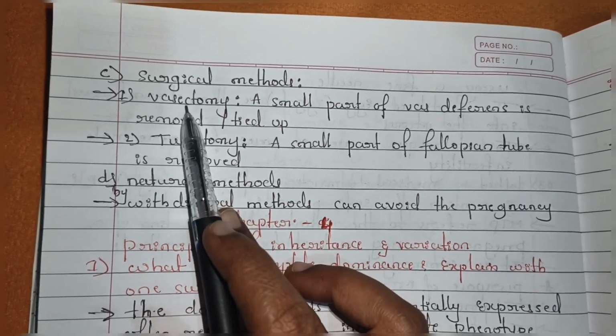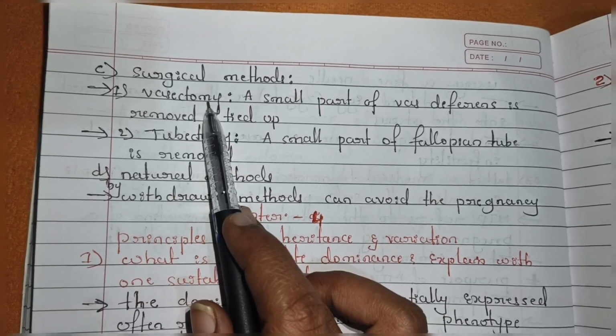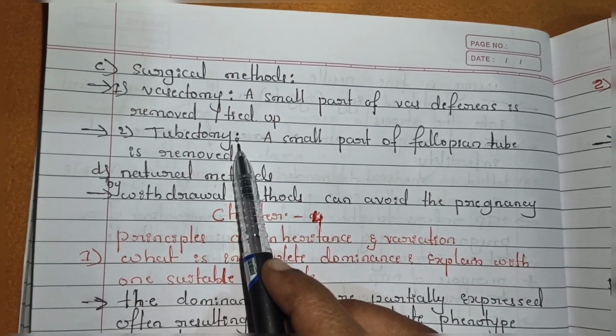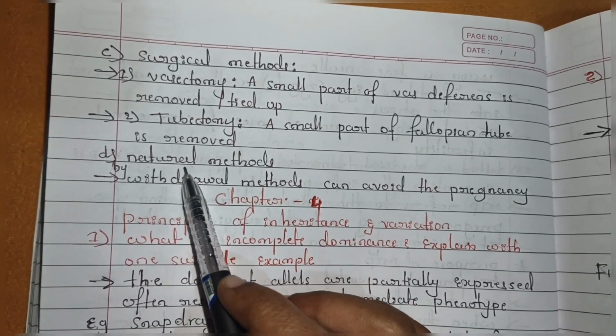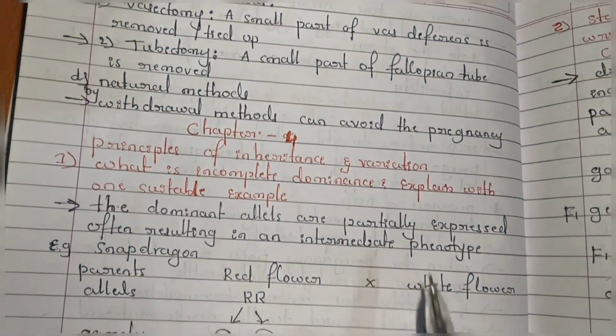First is vasectomy, second is tubectomy. Vasectomy means removal of the vas deferens. Tubectomy means the surgery takes place at the fallopian tube. Some natural methods can also be followed for contraceptive purposes.